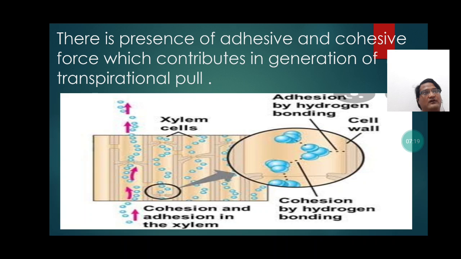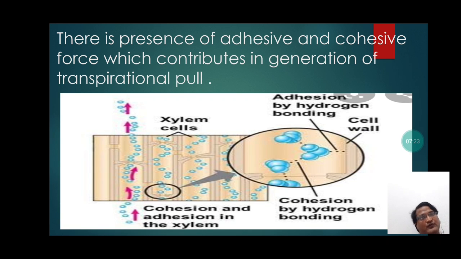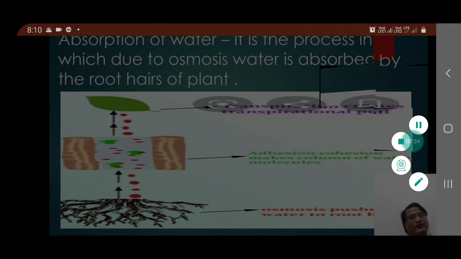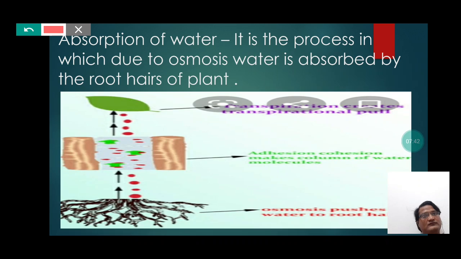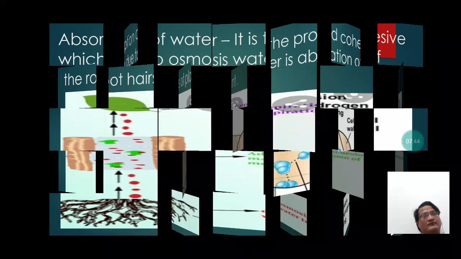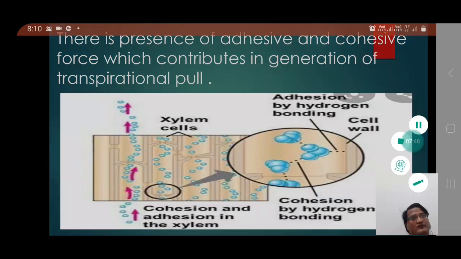There is presence of adhesive and cohesive force which contribute in generation of transpirational pull. So students, actually there are presence of two forces also, which are the cohesive and adhesive force.